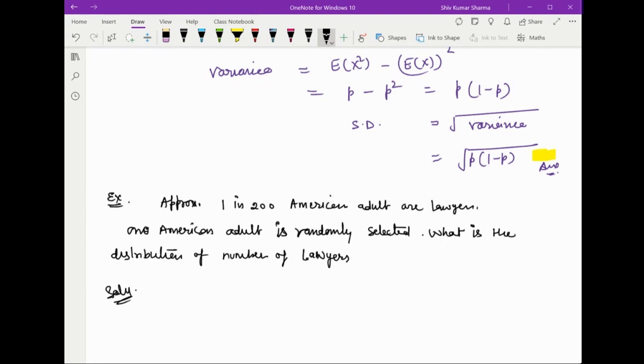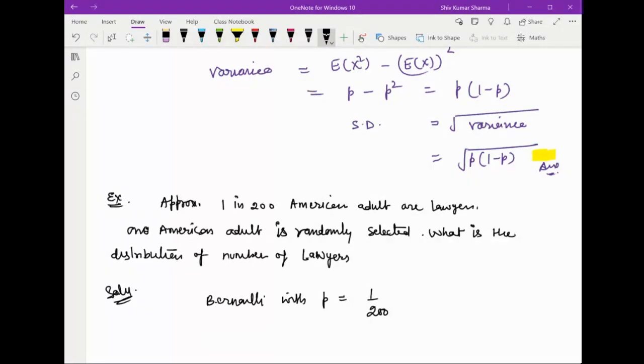So we write it as Bernoulli. Approximately 1 in 200 American adults are lawyers, so that is the probability P. We write it as Bernoulli with the probability P. So 1 in 200 means 1 upon 200.